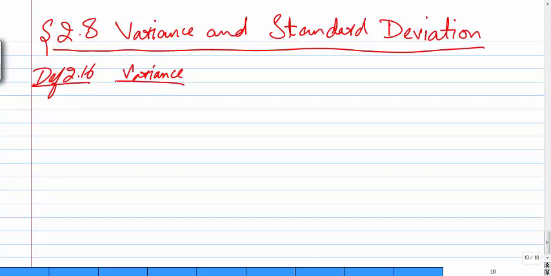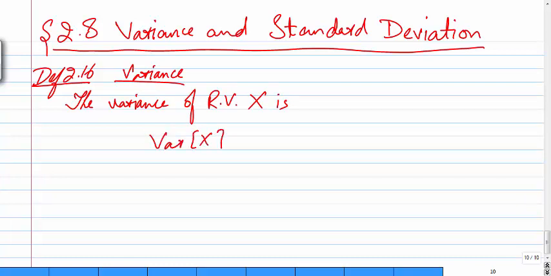The variance of random variable X, variance of X, is equal to the expected value of (X minus mu of X) whole square. So this is called the variance.